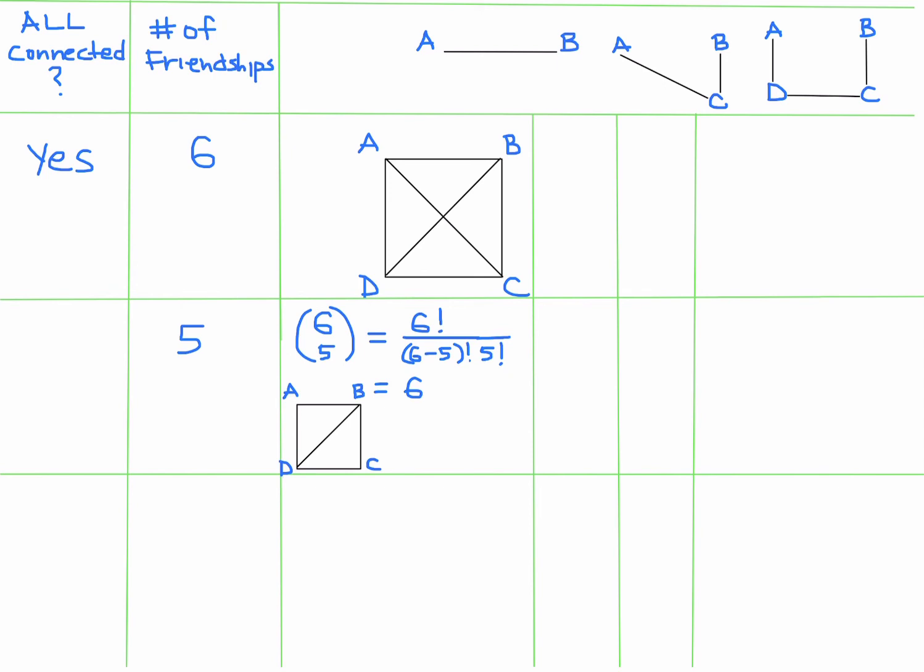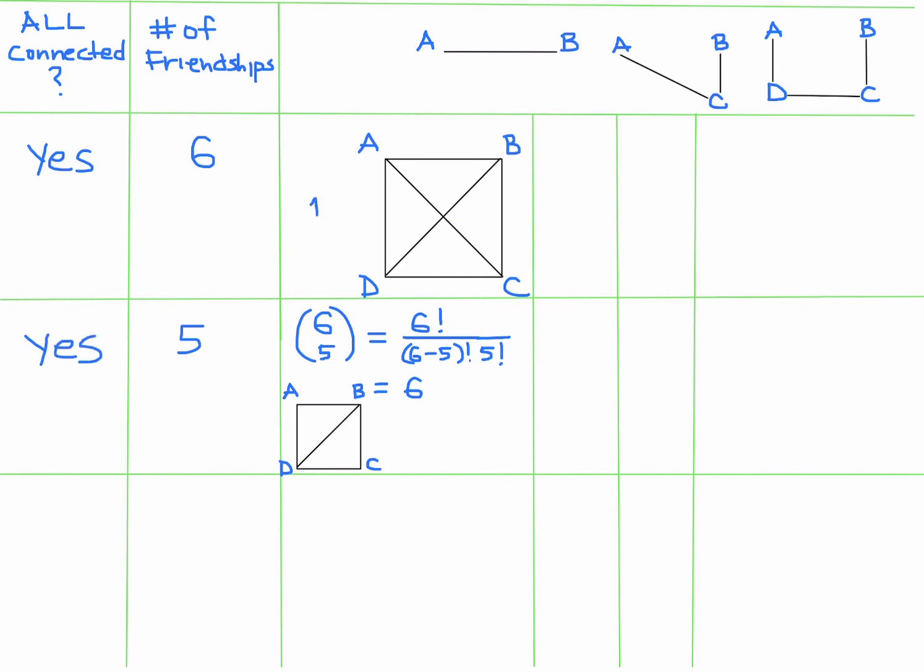And you can get from A to D, you can get from A to B, you can get from A to C, and so on, right? I mean, this basically means that everything is connected. So the answer here is yes.